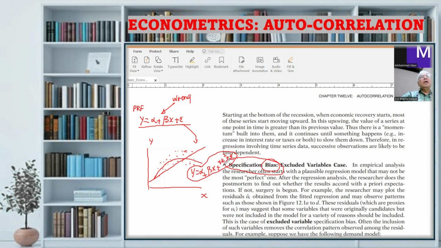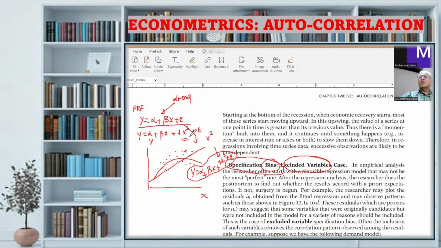There is a variable called x square, and I excluded it. I did not include it in my model. The model should have been y equals alpha plus beta x plus gamma x square plus epsilon. So this variable I have excluded.